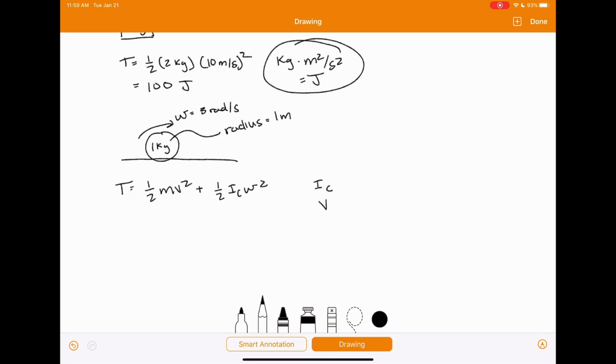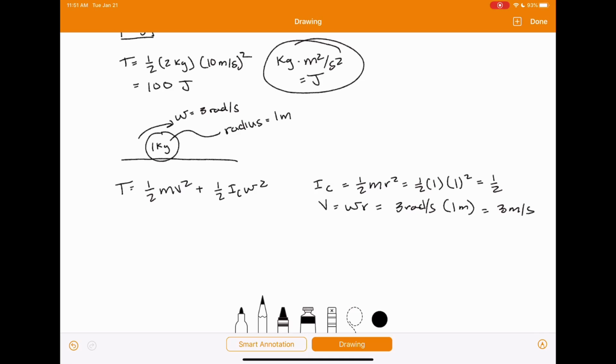All right, so IC for a disk is actually 1/2 mr squared. So that's going to be 1/2 times 1 times 1 squared, so that's going to be 1/2. And v is actually equal to omega times r. So 3 radians per second times 1 meter, we're going to get 3 meters per second.